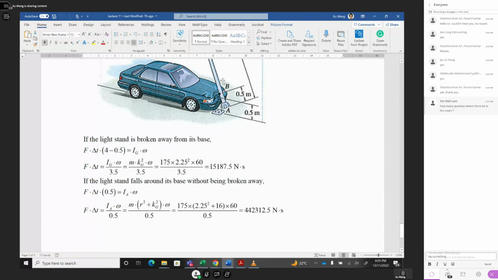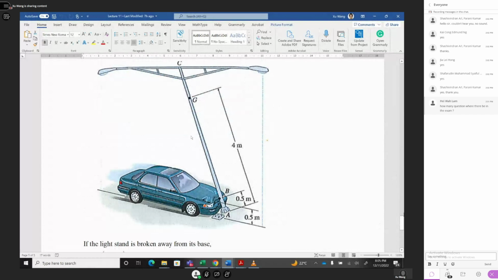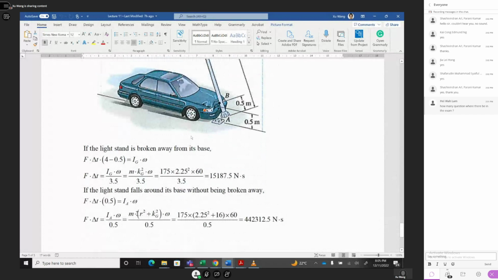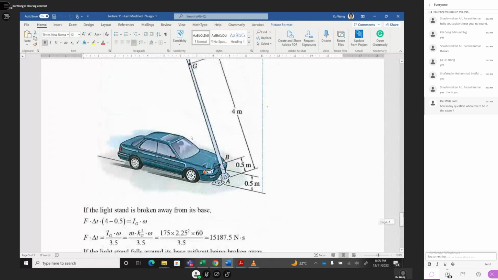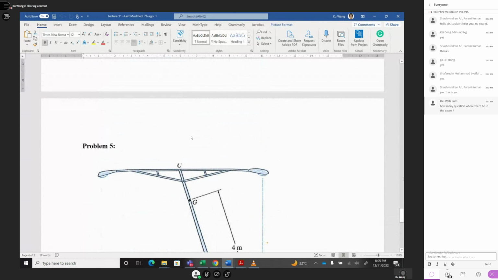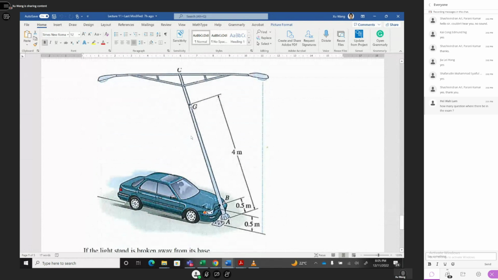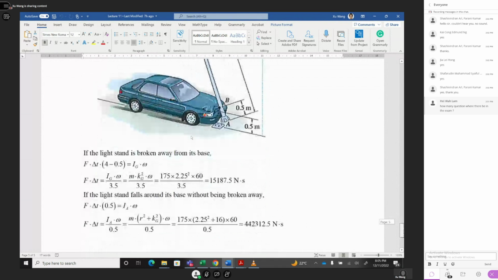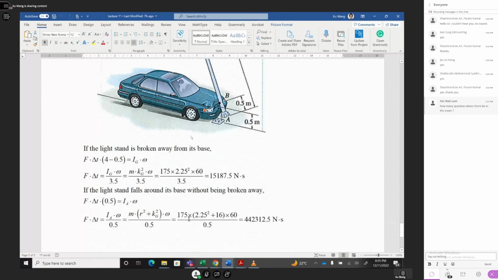One is the central gravity rotational inertia, which equals m kg squared. Another one is mass multiplied by the distance from here to the rotation center A, distance 4. That's why you get r squared as 4 squared, which is 16. That's why you get this one, and this m is 165.